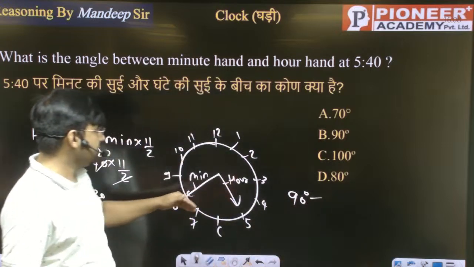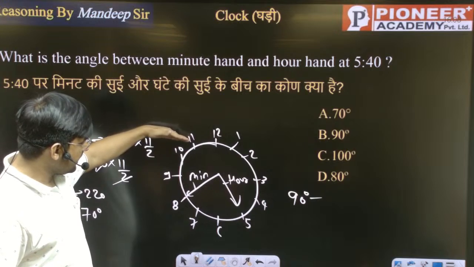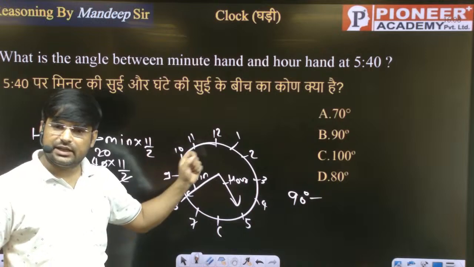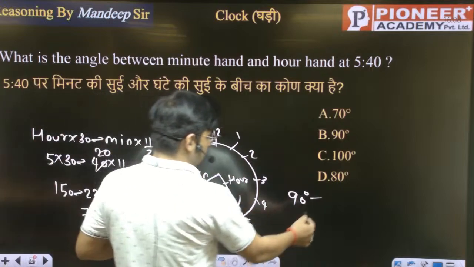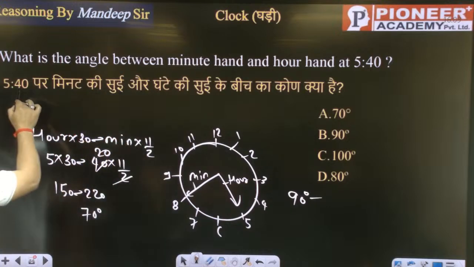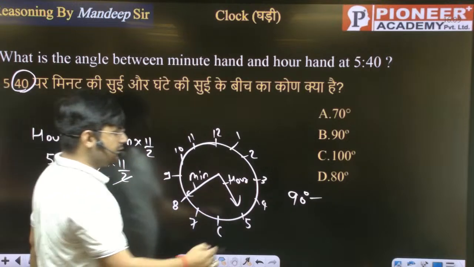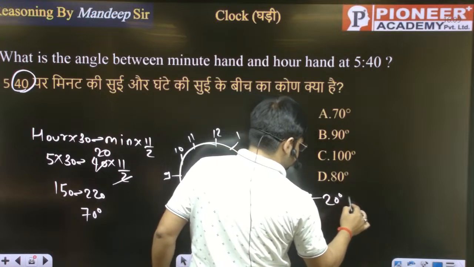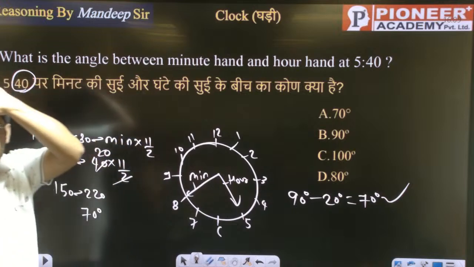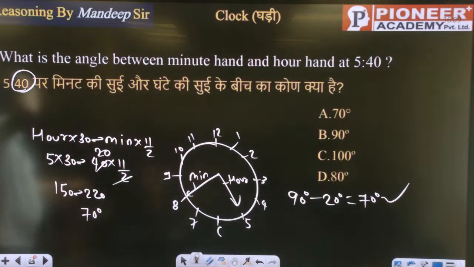If the hour hand is in front of the minute hand, then we will do plus. So the hour hand is before the minute hand, we will do minus. How many degrees? 40. Half of 40, 20. It's 70 degrees. Is it clear? Clear?